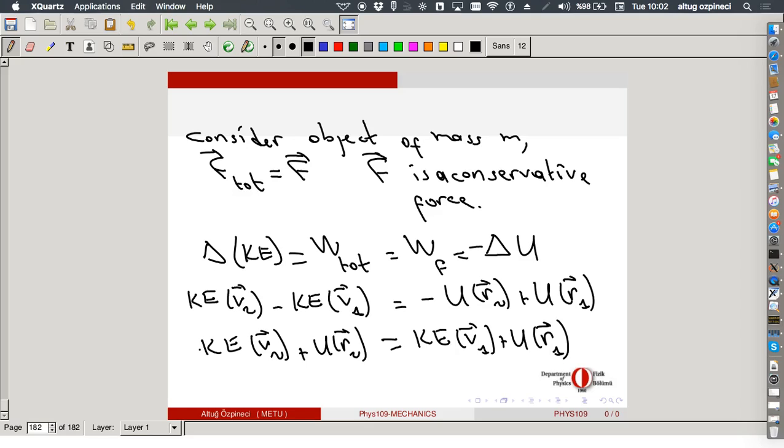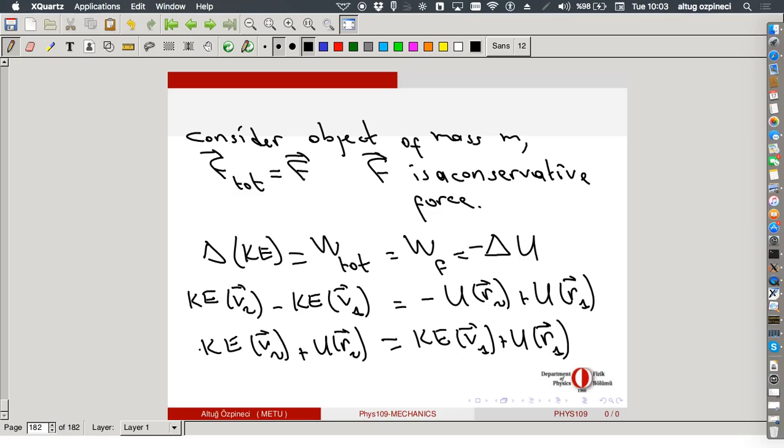So let's just imagine this. We have this object, let's say this one. Initially, or at some point in its trajectory, it has a velocity v1, and it is at the point r1. Let's imagine we are throwing this up.